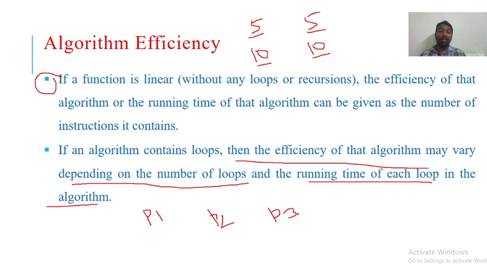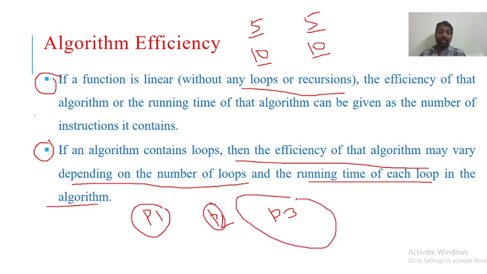So here we understood one point: if you don't have any for loops or recursions, then the time is measured simply. But when you have a number of loops in your programming, the time keeps changing. It means in one algorithm the time taken is different, in another algorithm the time taken is different, and in the third algorithm also the time taken is different. It totally depends on the number of loops you are using in each program.